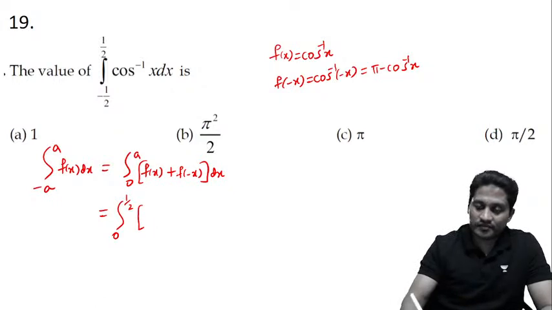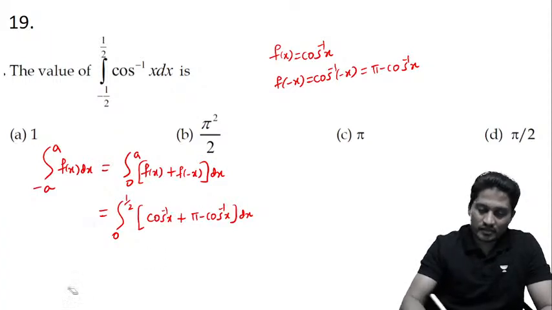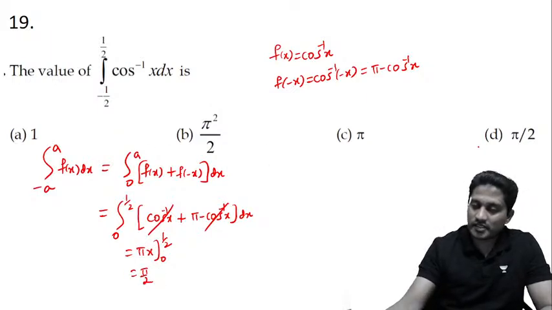Right, now f(x) will be equal to cos inverse of x and f of minus x will be equal to pi minus cos inverse of x. Right, this will cancel. You will get pi, integration of dx is x. This is 0 to half. So this is pi by 2. Right, answer is option D.